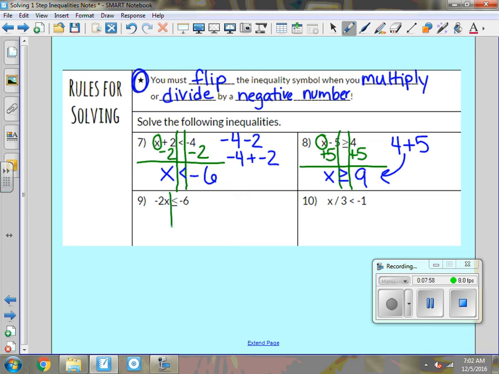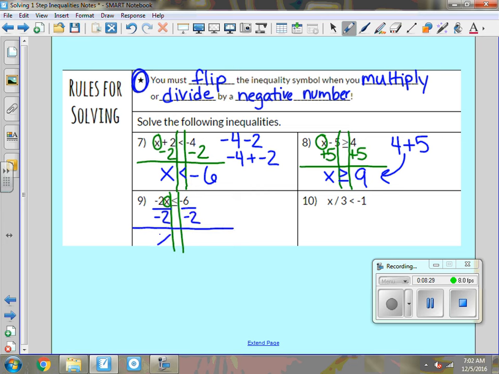So now I'm going to draw my railroads for number 9. On number 9, I have -2x is less than or equal to -6. Well, I know I want to keep that x. And that -2 is squished up next to it. So if I'm squished up next to the variable, that means I'm multiplying by that number. So I need to divide to do the opposite. I'm going to divide by the number I want to get rid of, which is that -2, and I need to do it on both sides.